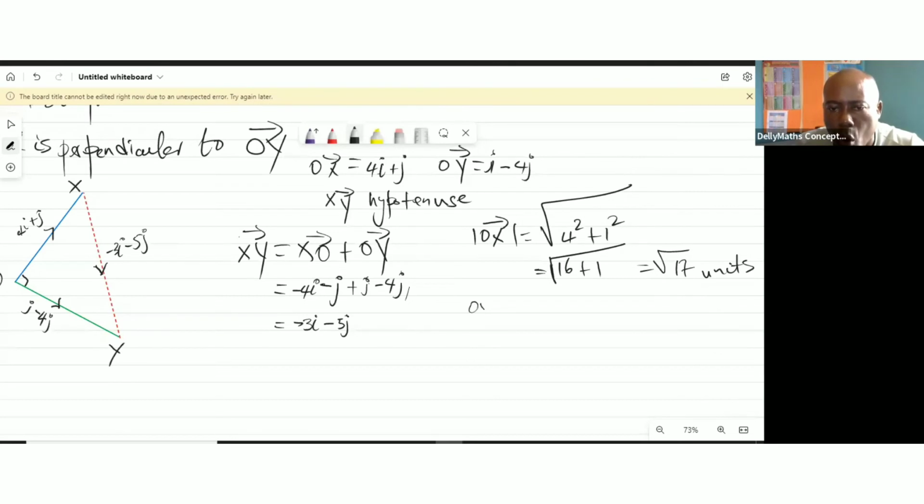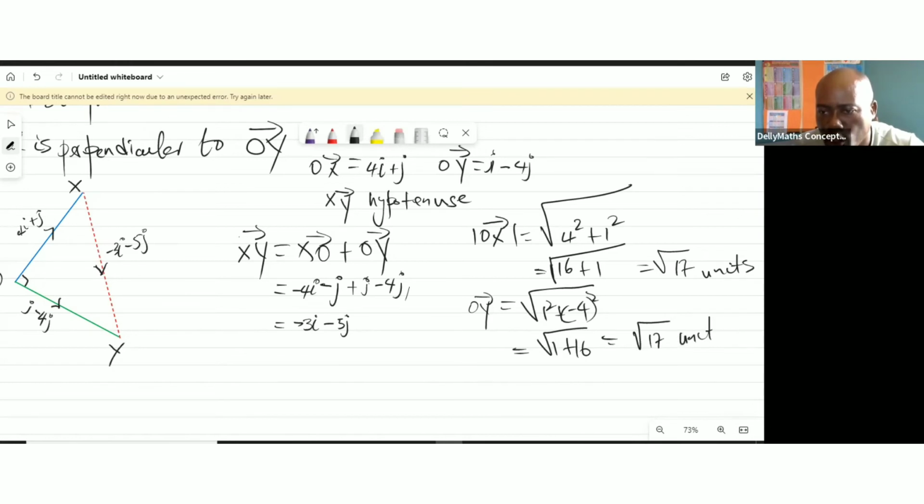Let's go for OY. We'll have the same thing: 1 squared plus minus 4 squared, and that is the root of 1 plus 16, which is equal to the root of 17 units.